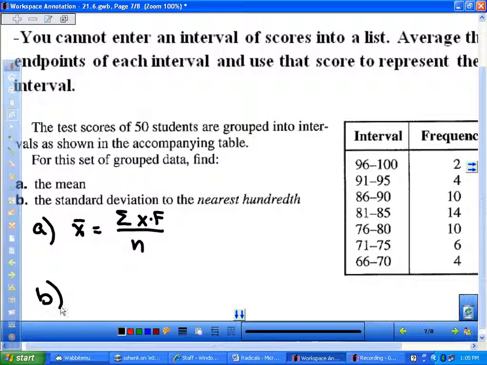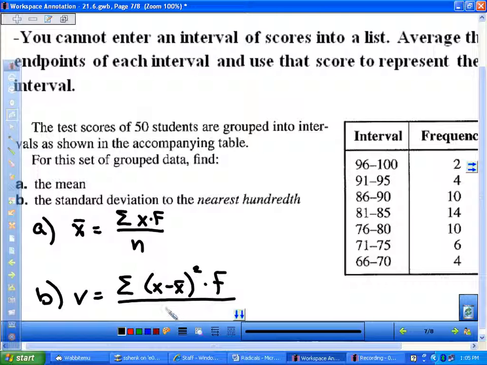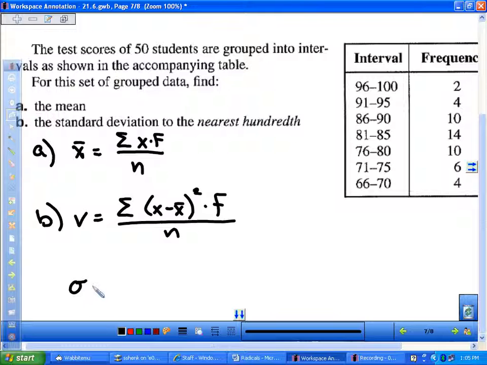Well, we can't figure out a standard deviation until we know a what? Variance. So how do we find that variance? Sigma x minus x bar squared times f divided by n. And then how do we find the standard deviation? Square root of the variance.